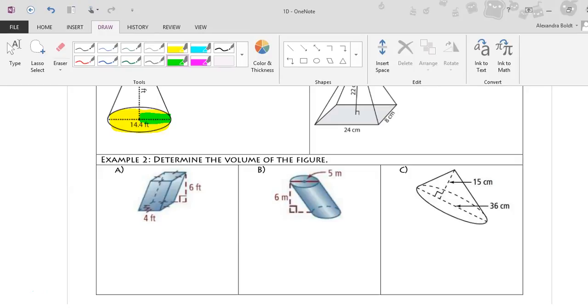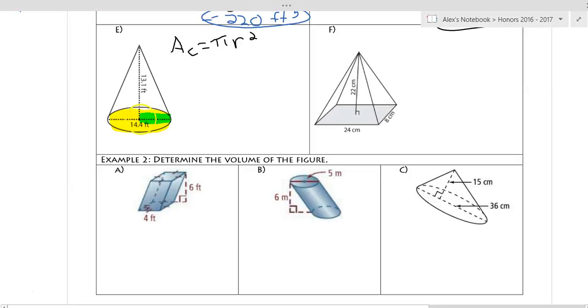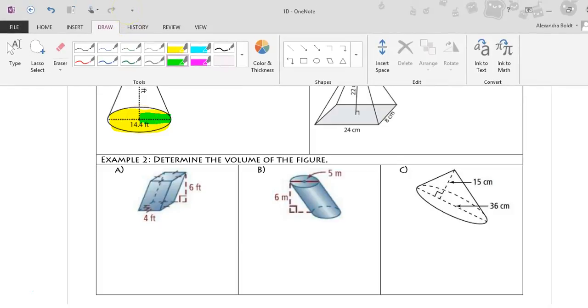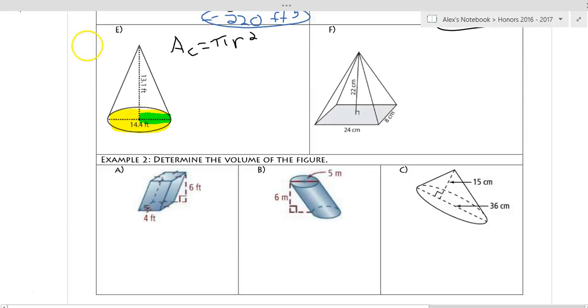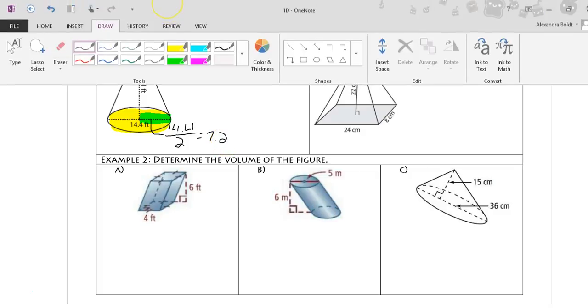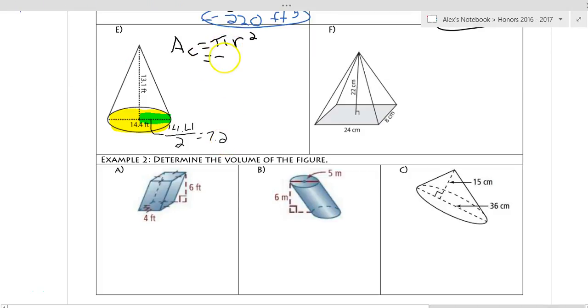And that 14.4 measurement, I can tell by all the dots, is the whole circle. So I have to take this measurement and do 14.4 over 2, which is 7.2, my radius. So this equals pi times 7.2 squared.